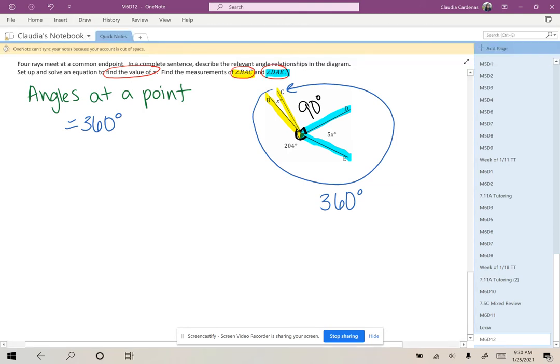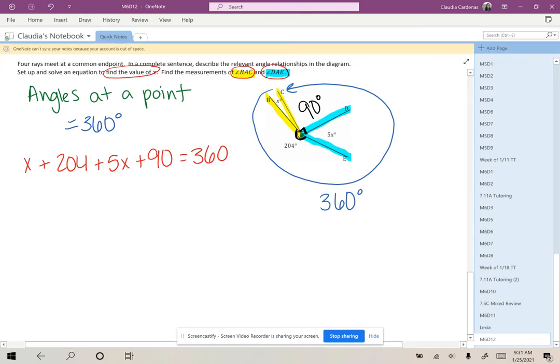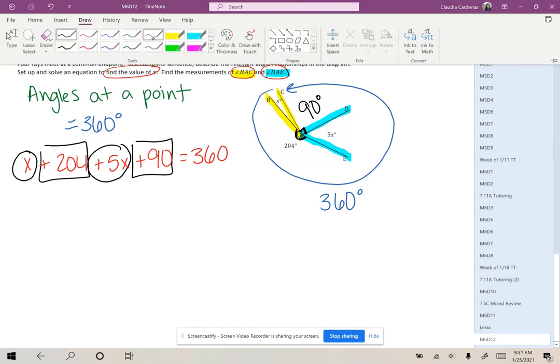Okay, well that can help me start writing my equation because I now know that x plus 204 plus 5x plus 90 have to equal 360 degrees. Now that we have our equation, how can we start solving it? Well, I do see some like terms here, so I'm going to identify the things that are alike with my circles and boxes so that I can begin combining what I see on the left side.